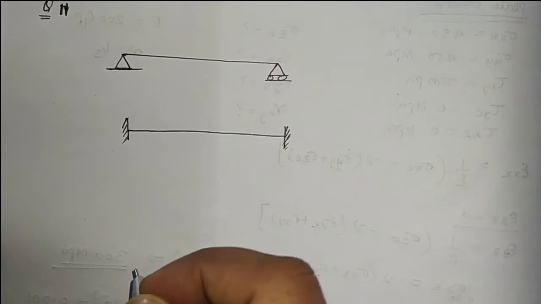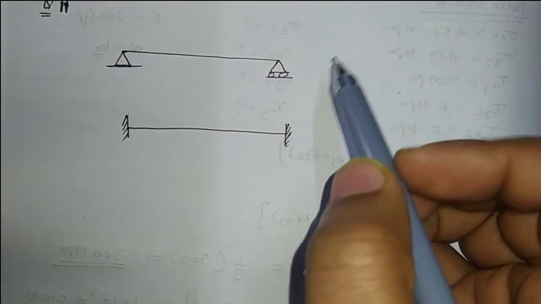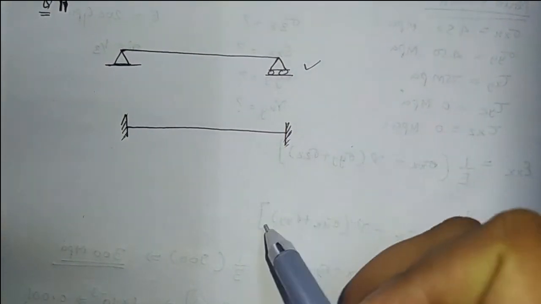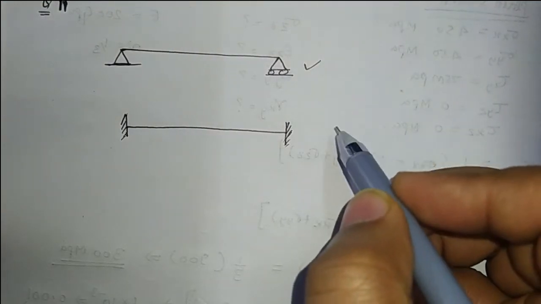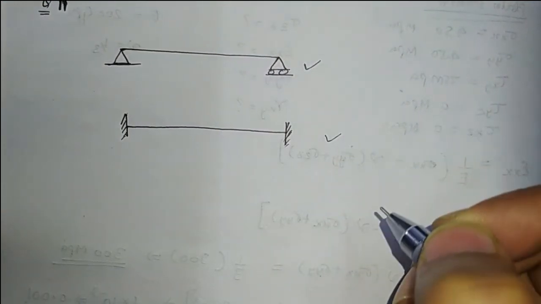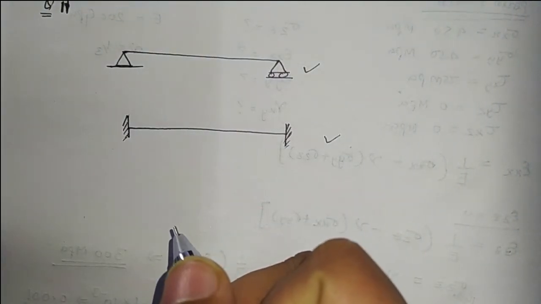Question number 11. Consider a simply supported two-dimensional beam, and if the beam is converted into a fixed beam, then we have to tell what the degree of static indeterminacy will be.